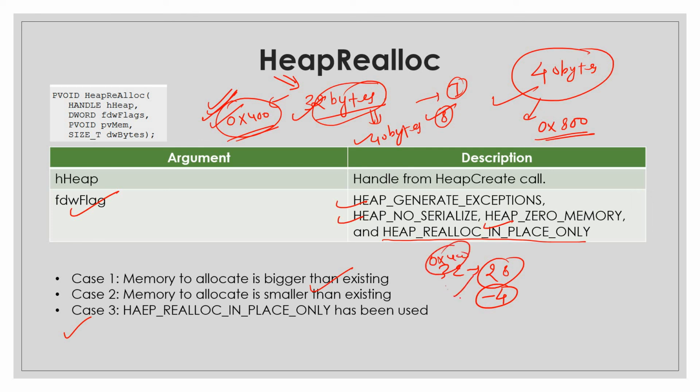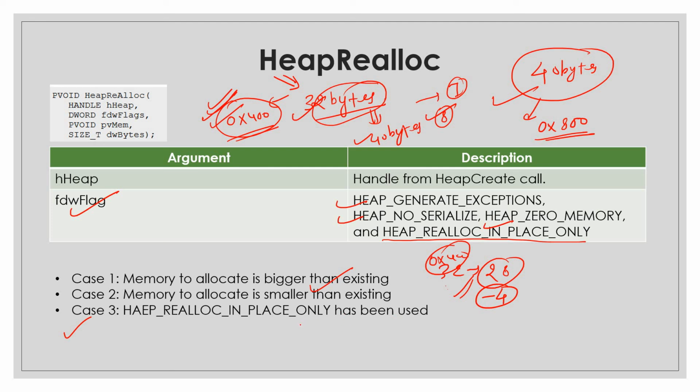So in case the memory to be allocated is smaller than the existing, you will get the same memory address after the HeapReAlloc call. You can check this by writing your own program.